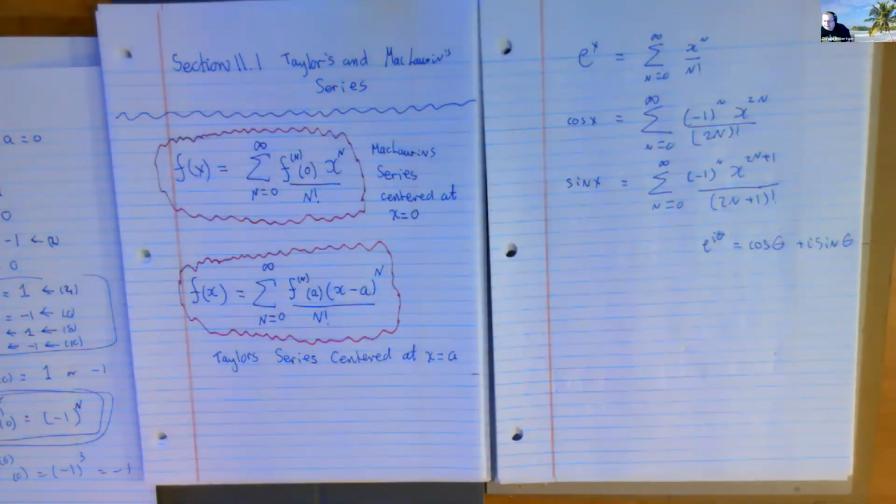Which is telling us that e to the x, sine and cosine x, are very closely interrelated to each other. But they're interrelated in the complex number world, which generates a whole branch of mathematics called analytic geometry.